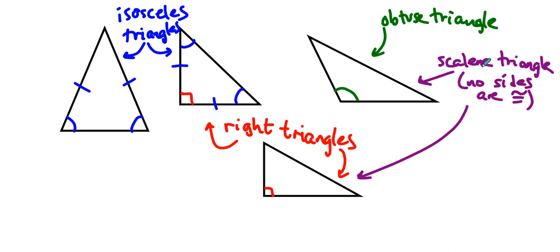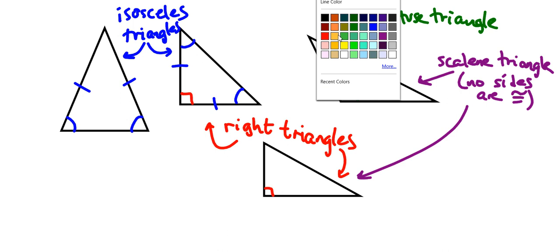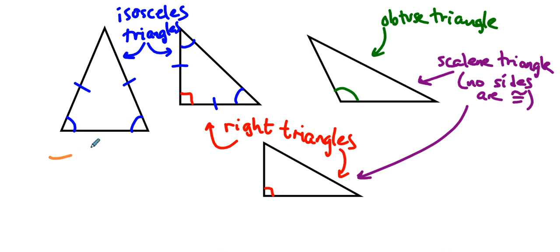Generally, we classify a triangle by its sides: isosceles, scalene, or you may have heard of equilateral if all the sides are congruent. And we also classify triangles by their angles. The biggest angle is obtuse, the biggest angle is right. Here, the biggest angle is acute. So we would argue, I'm going to go orange, that this is an acute triangle because its biggest angle is acute.